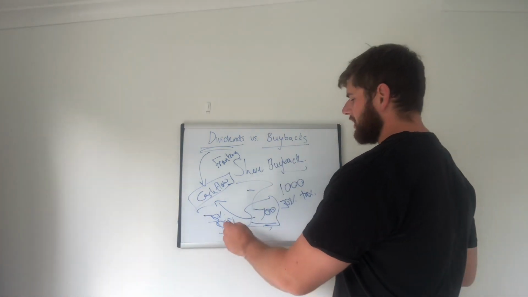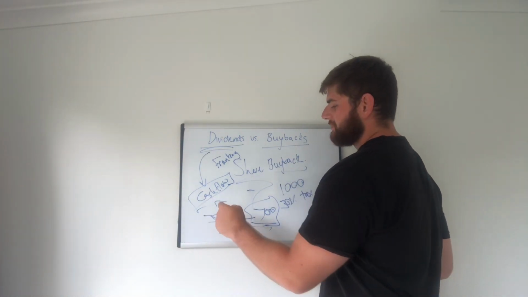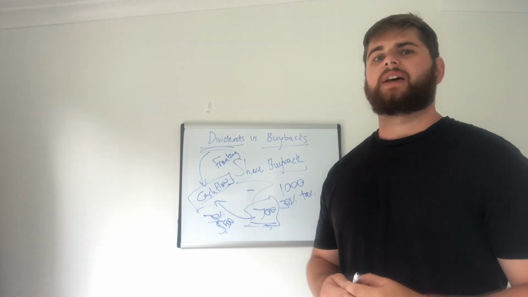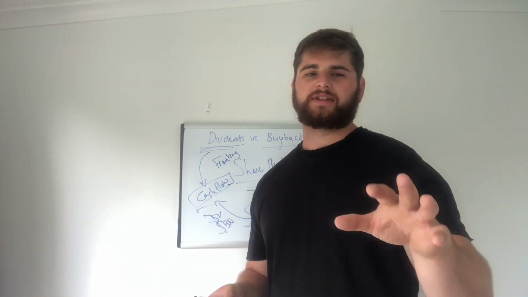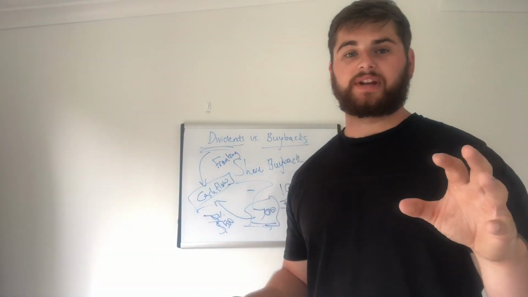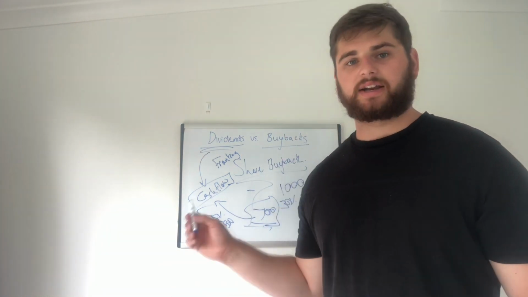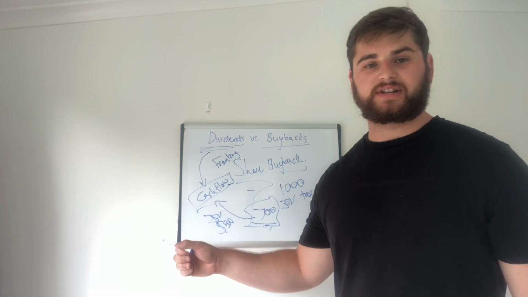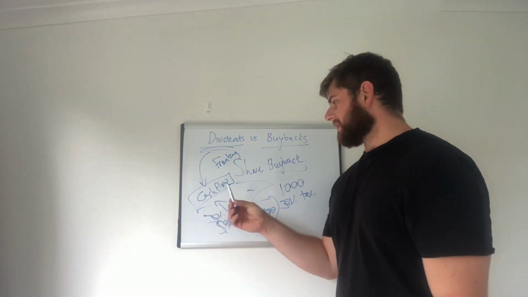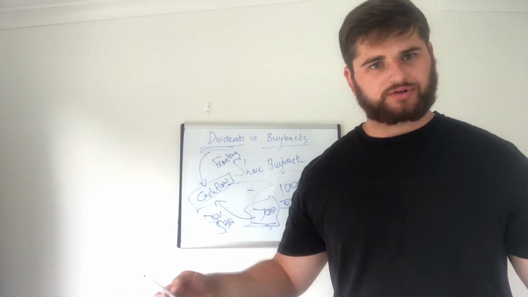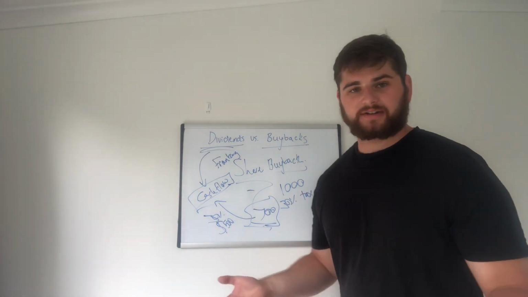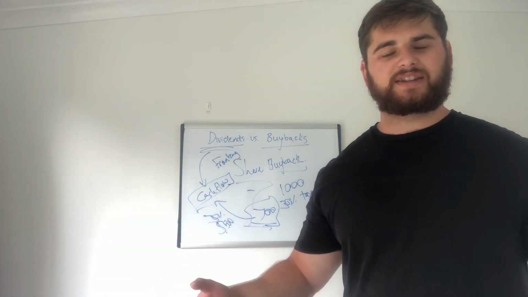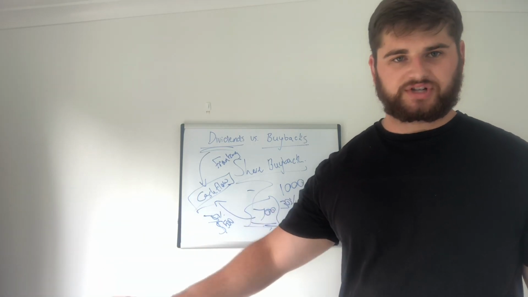So you can actually claim tax back on your dividends, and you avoid that double tax situation. If you're based in the United States or if you're investing in US companies, that's not the case. You are going to get taxed twice essentially on your dividends, but in Australia and New Zealand there's solutions to deal with that. So that's the main disadvantage to dividends, and that's really the reason why I much prefer share buybacks.